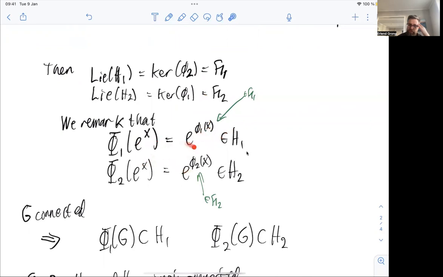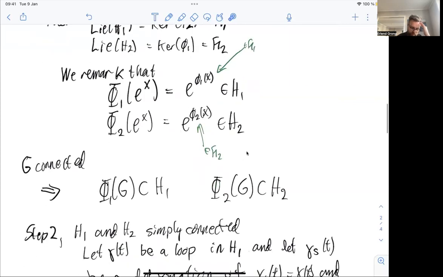So this maps things that are in the image of the exponential map into H1 and H2. And now, since our definition of simply connected includes connected, and we talked about last time that in a connected group all elements are a product of exponentials, we get that phi 1 and phi 2 map into respectively H1 and H2.